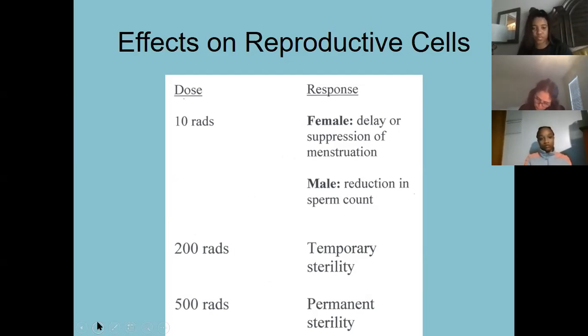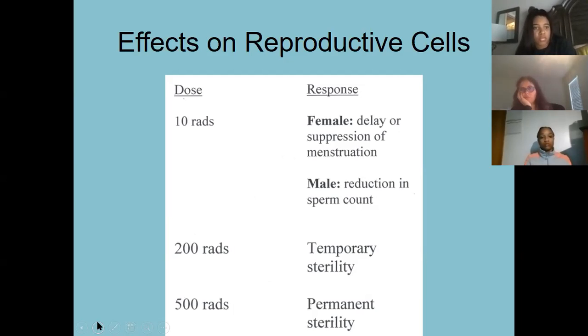Probably a barium enema that maybe was a difficult case and required a lot of fluoro time. It would be on the high end, but it is possible for a general diagnostic fluoroscopy case to reach this dose level. Wouldn't be common, but potentially it could. And if it did, again, it could cause a delay or a suppression of menstruation, and it could cause a reduction in sperm count for the male.